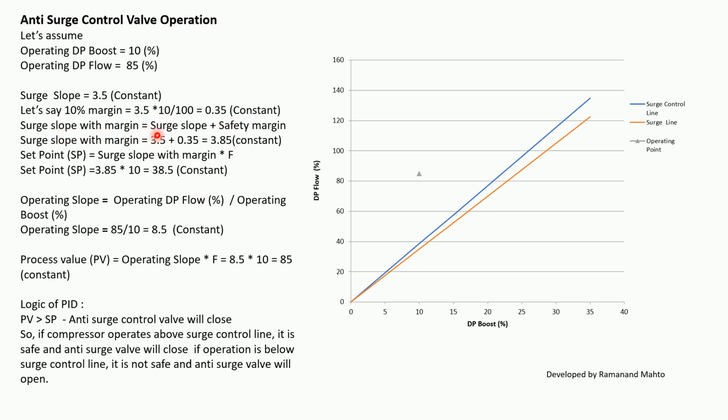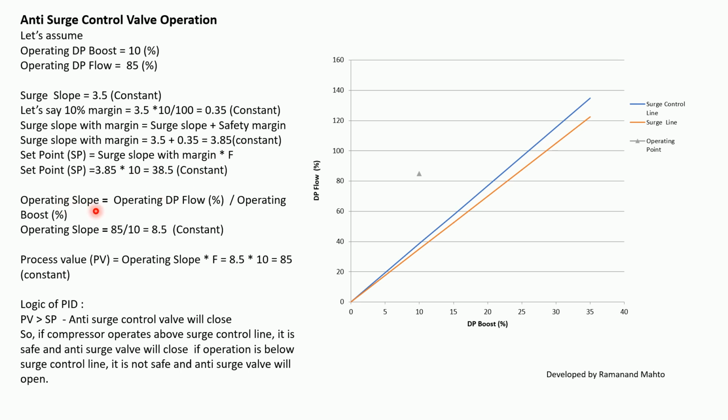Surge slope with margin is equal to surge slope plus safety margin. So surge slope with margin we can write 3.5 plus 0.35, 3.85 constant. Set point will be surge slope with margin into factor F. Set point will be 3.85 into 10, which is 38.5 constant.